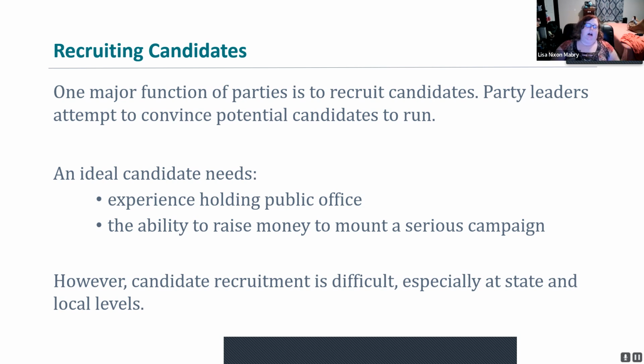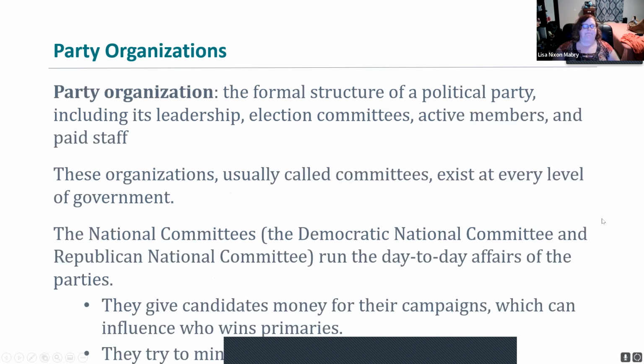So it's really difficult to get people to run for office, especially at local levels, for a couple of different reasons. One of those is it's uncomfortable for a lot of people. You've got to find people who don't mind their business being out there, because things get ugly in a campaign.